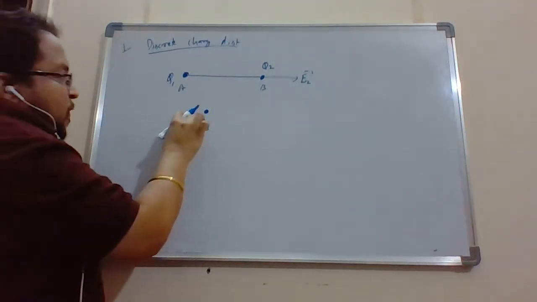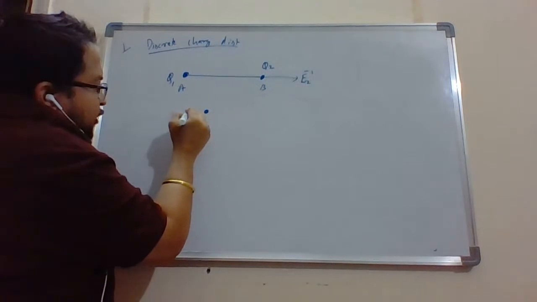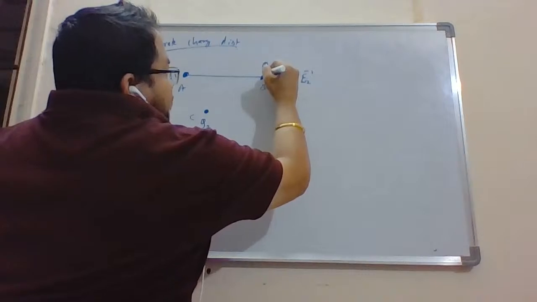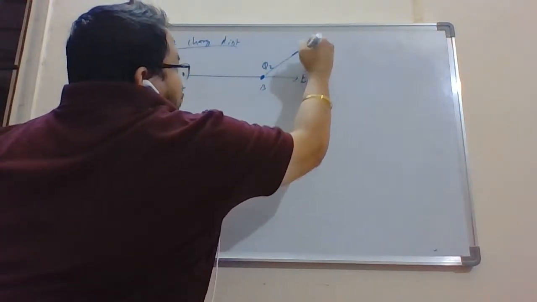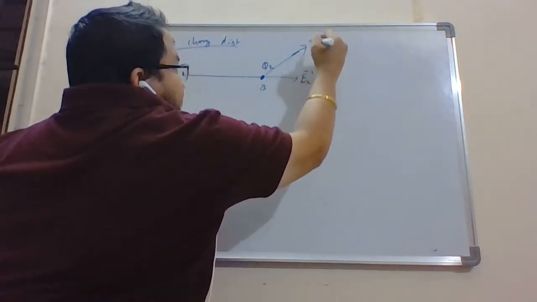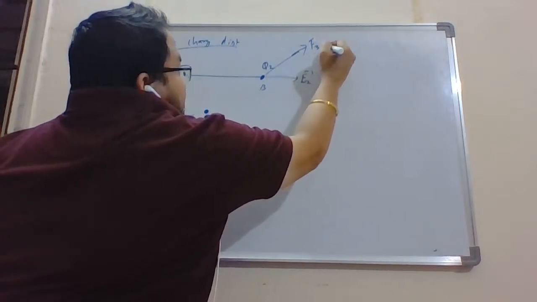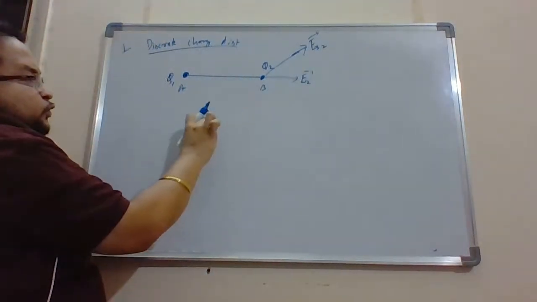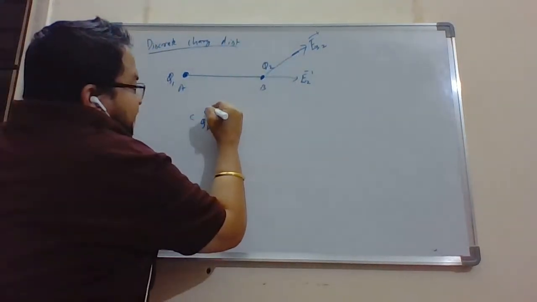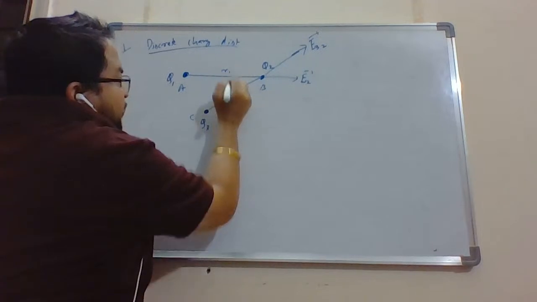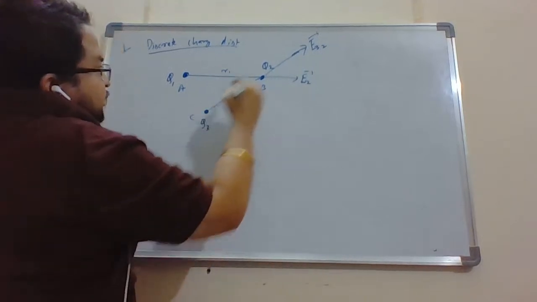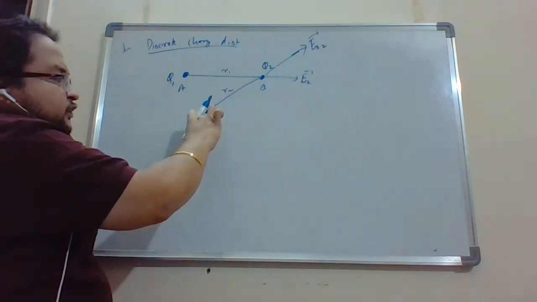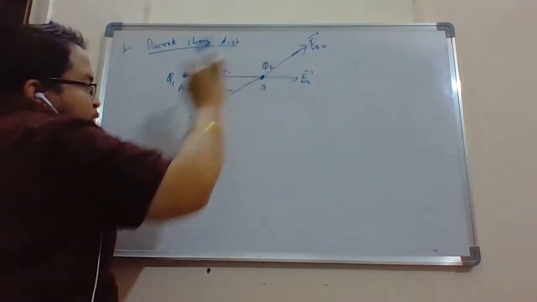Suppose there is another point C, where we have a charge Q3. Obviously Q3 will exert a force, the force due to 3 on 2, so there will also be an electric field due to 3 on 2 in that direction, and assume these distances are r. So that is the electric field due to charge Q3 at point B.